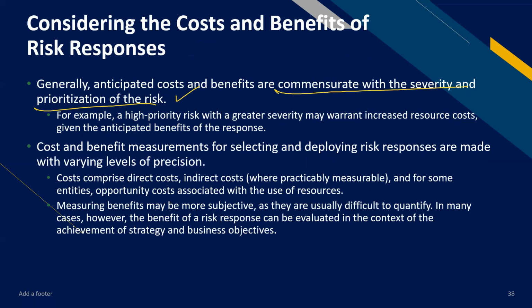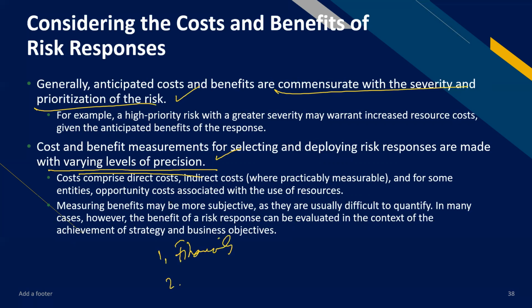And then costs and benefit measurements for selecting and deploying risk responses are made with varying levels of precision. Because obviously, in the first place, the severity is an estimate. So the direct costs with respect to the risk response is also an estimate. And you cannot put a quantitative tag every time. So you just have to determine it based on financials.